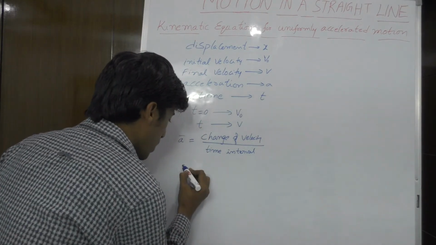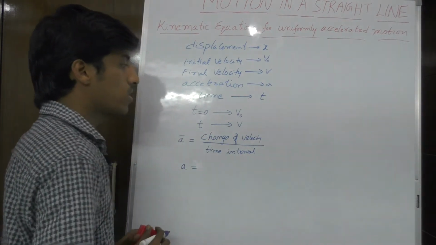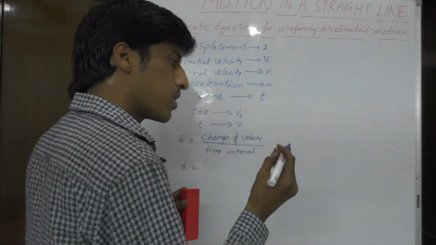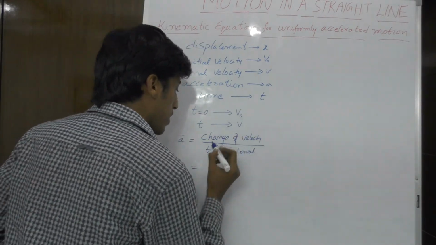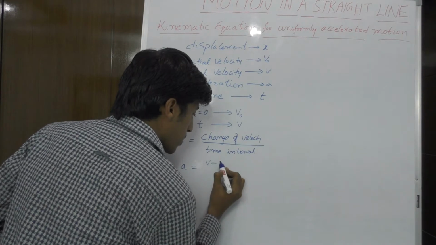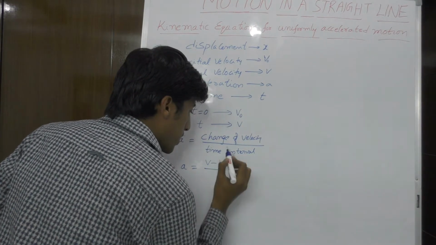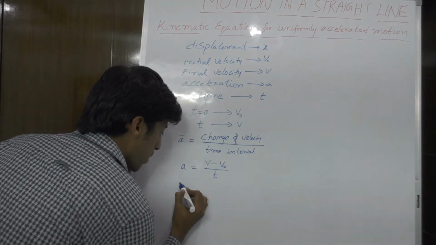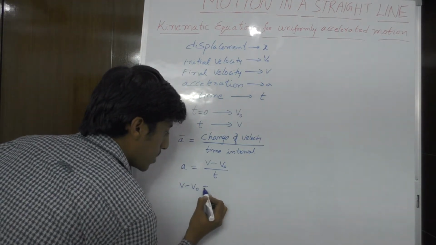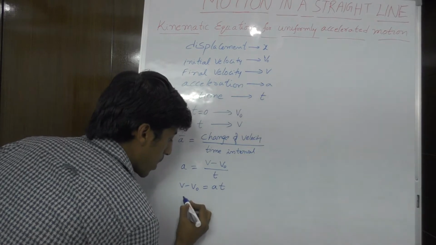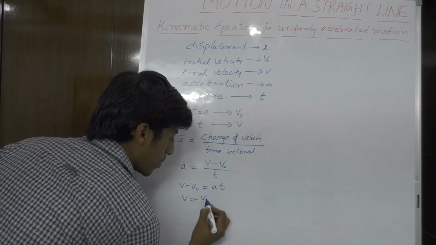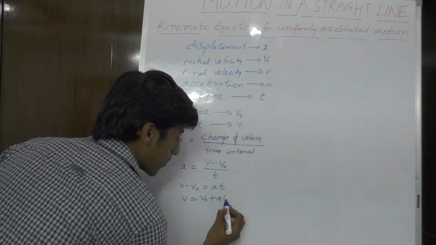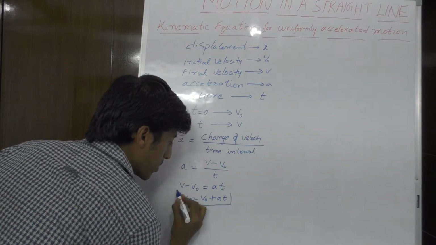So, a is equal to change of velocity, that is final velocity v minus initial velocity v0, in the time interval of t. So, I can write this as v minus v0 is equal to at, and v is equal to v0 plus at. This is the first equation.